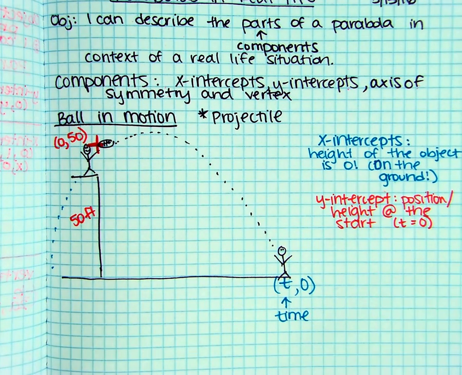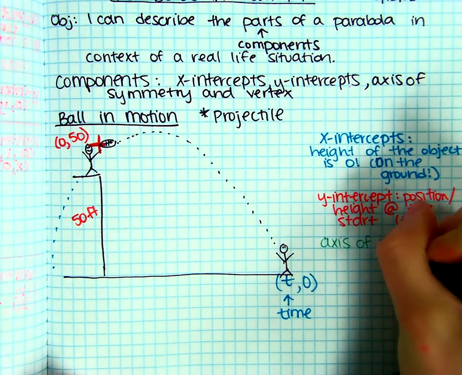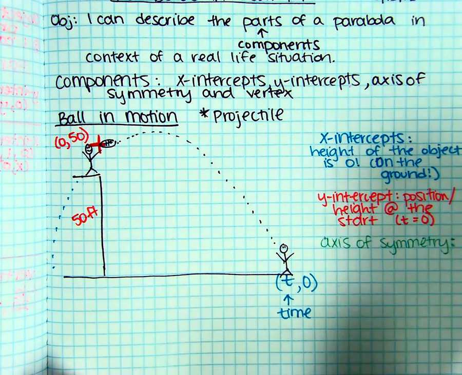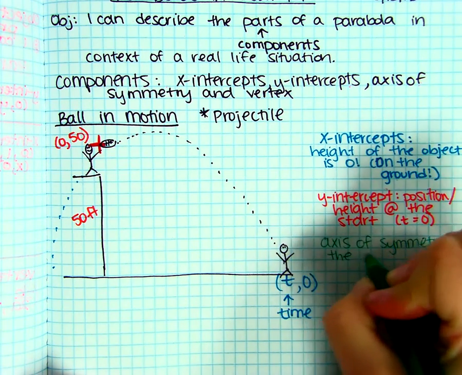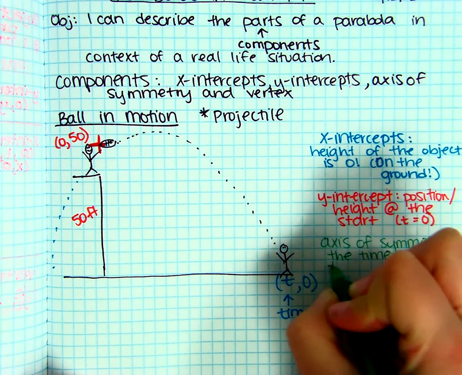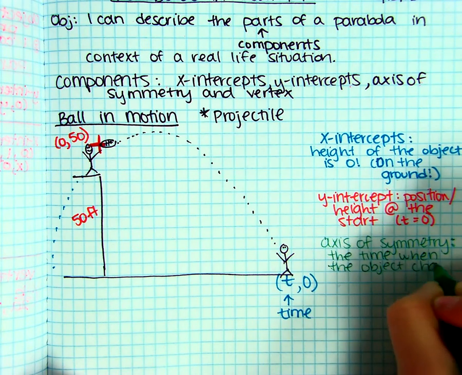Now we're going to talk about the axis of symmetry. So the axis of symmetry is the time when the object changes direction.